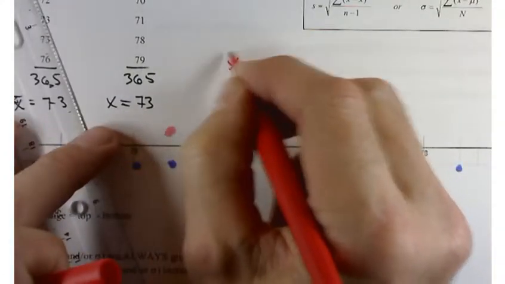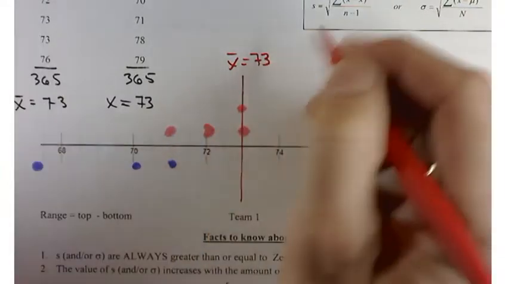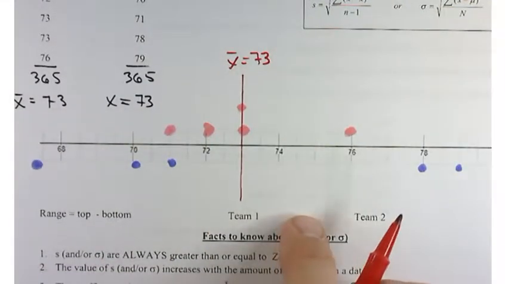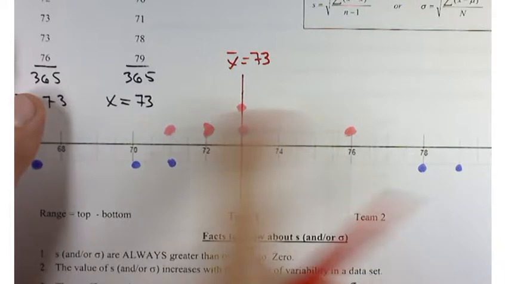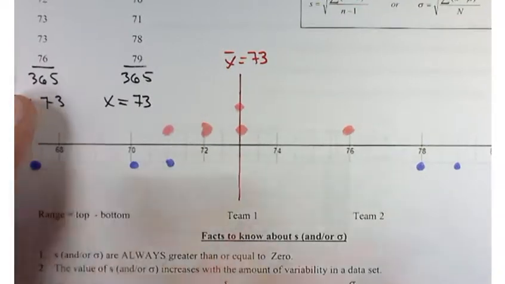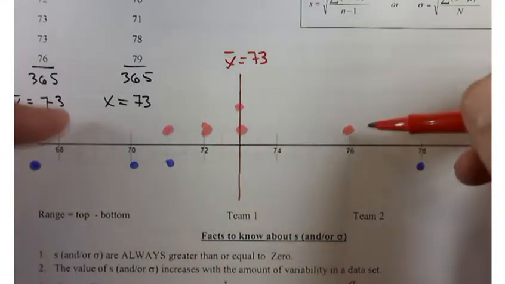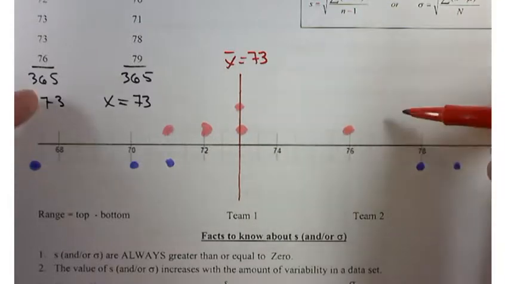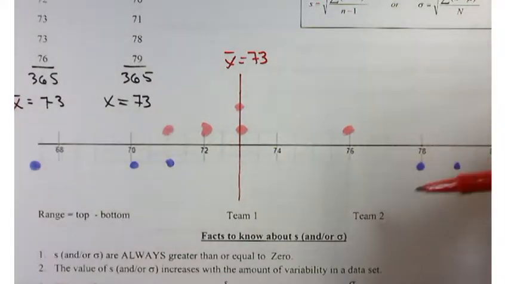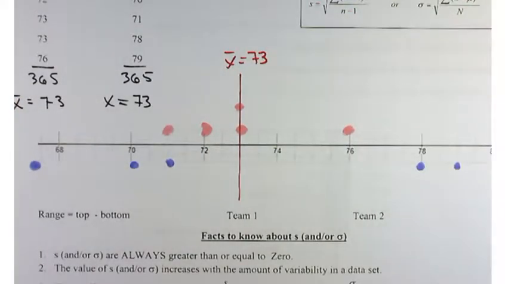So x bar equals 73. But it seems like there's a lot more spread around that mean in this data set than in this one. Team 2 has much more variability. And we're going to try and capture that variability in different ways to measure this.